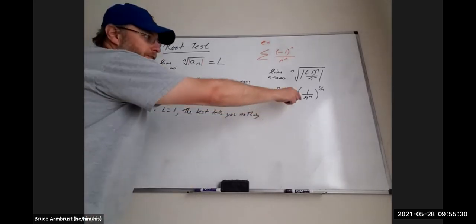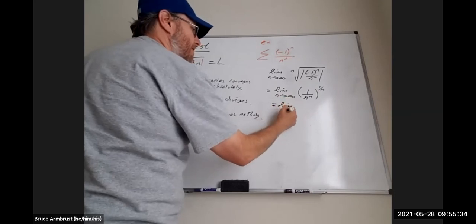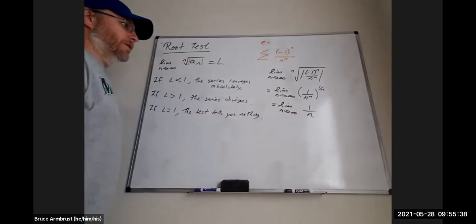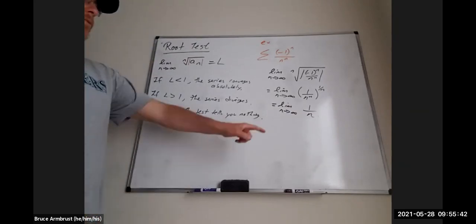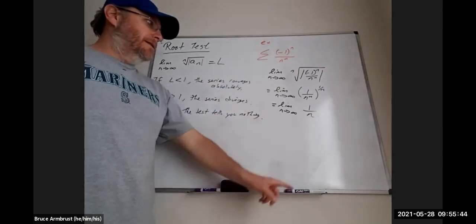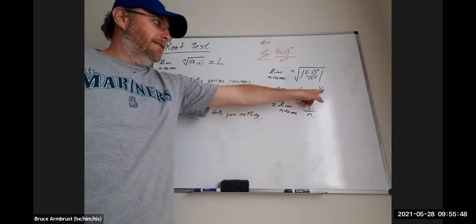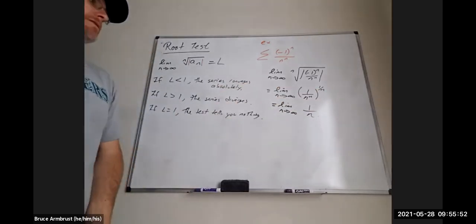All right, well, if I distribute this exponent through, this becomes the limit as n goes to infinity of 1 over n, because 1 to any power is 1. And with the other one, I multiply exponents together, and n times 1 over n is 1. So I get n to the first.